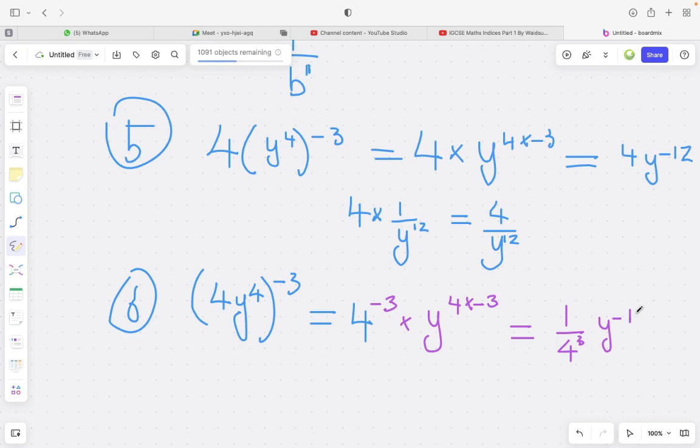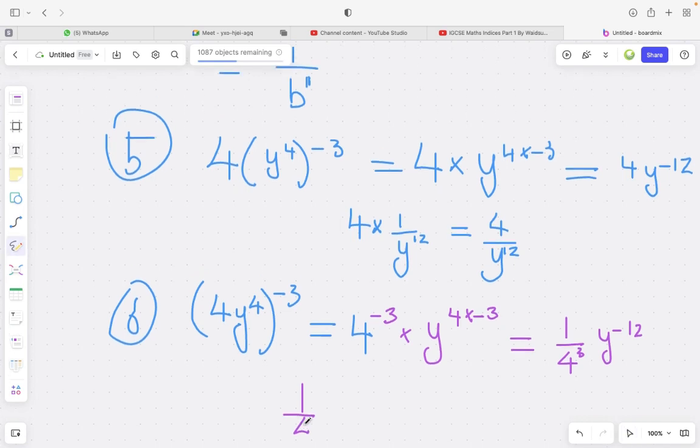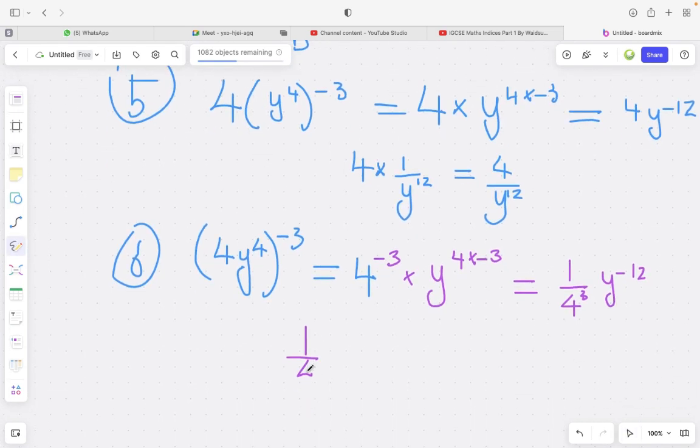And this one can also be written as 1 all over 4 to the power of 3, okay? And then times 1 all over y to the power of -12, which will be 1 all over y to the power of 12.